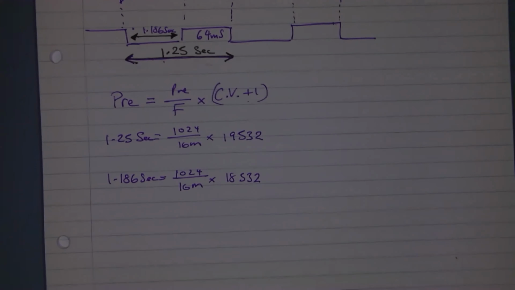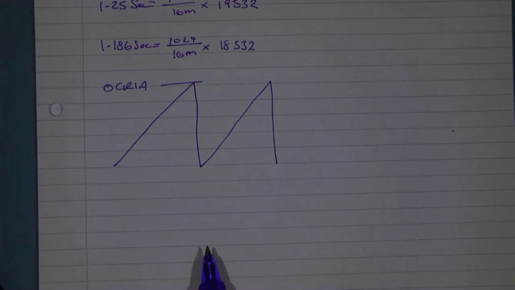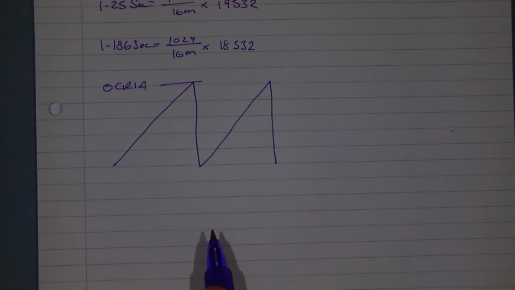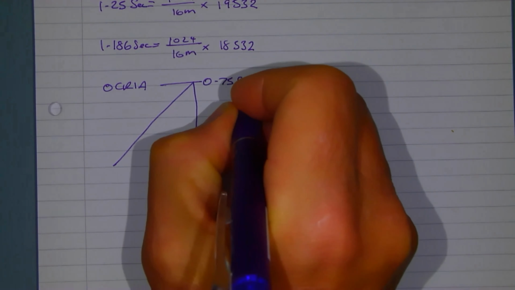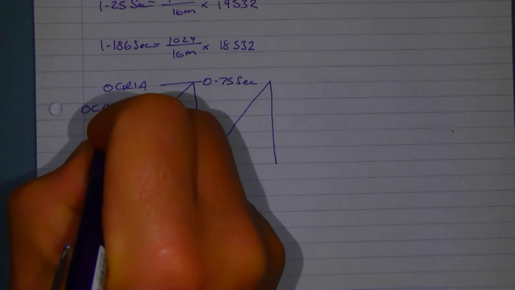We'll have a look at a slightly different version of this. So we're going to change our numbers. We're going to go up here. There we go. We're going to have this output compare register 1A, and the time period we're looking for is 0.75 seconds. Okay, and then we want a pulse width, output compare register 1B.